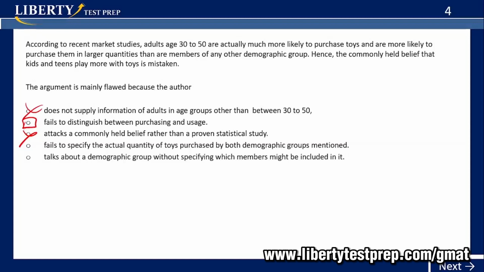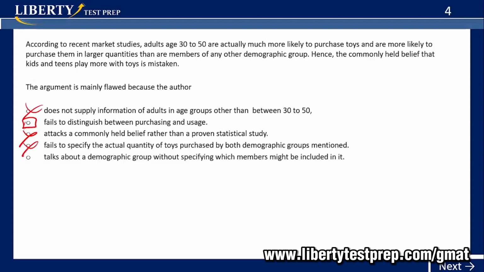Now, is it necessary for the author to indicate the exact quantity of toys that are being bought? Not really. Why would we need an exact number? It's not a matter of number. Just by saying that one group buys more than the other one, that's a good enough fact. That will help the author to support his claim. So that wasn't a problem.